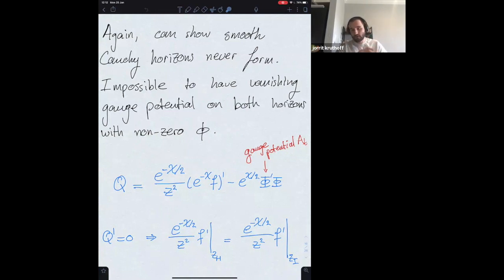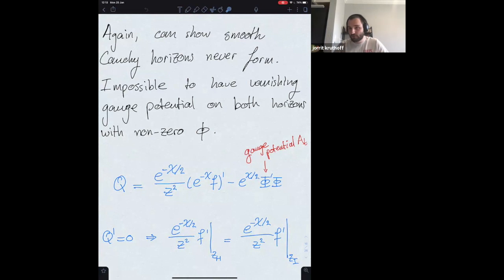So either the scalar field has to be 0 on the horizon, and if that is the case, then you can show that the scalar field has to be 0 everywhere. That case we exclude because we want a non-zero scalar profile. And if we have a non-zero scalar profile, then the gauge potential needs to vanish on both horizons.